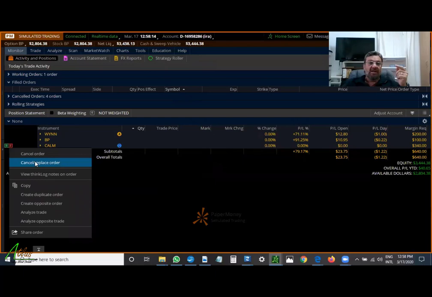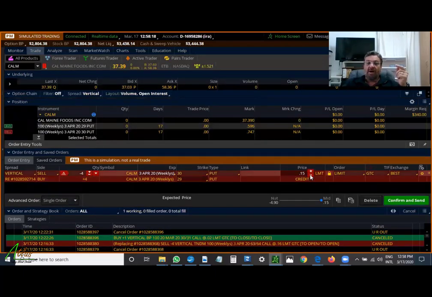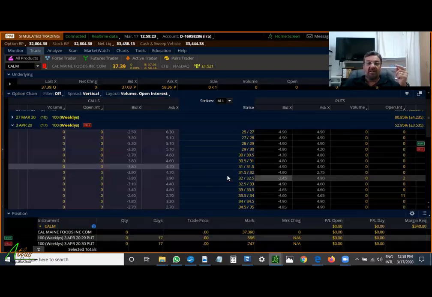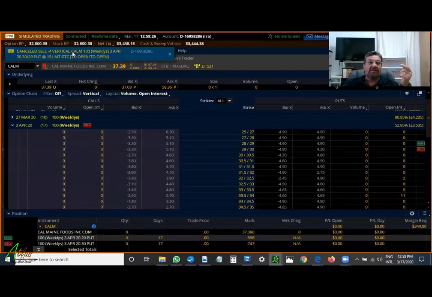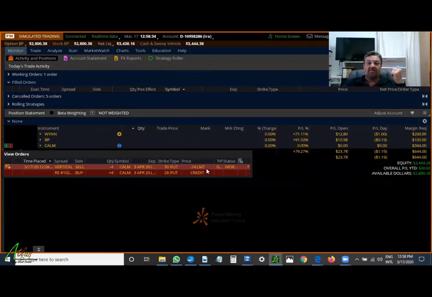So you go to cancel replace order, and then you change this 1 or 2 cents below, 1 or 2 cents above. Okay, it canceled the previous one and placed our last order. So what I'm going to see here is 14 because I did a change. Okay, and then every 10-15 minutes, even half an hour, you can check.